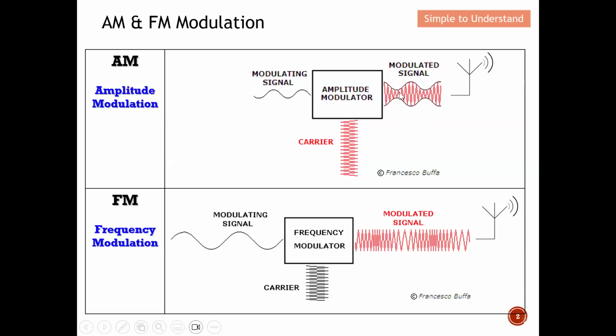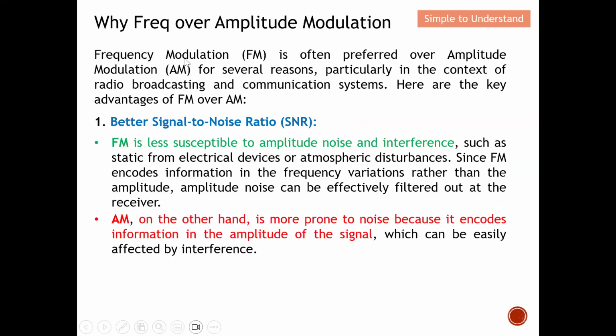Let's take a close look at the effect of noise. Frequency modulation is often preferred over amplitude modulation for several reasons, particularly in the context of radio broadcast and communication systems. Here are some key advantages of FM over AM. The first one, quite significant, is the better signal to noise ratio.